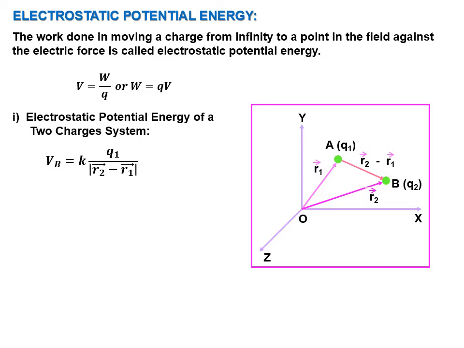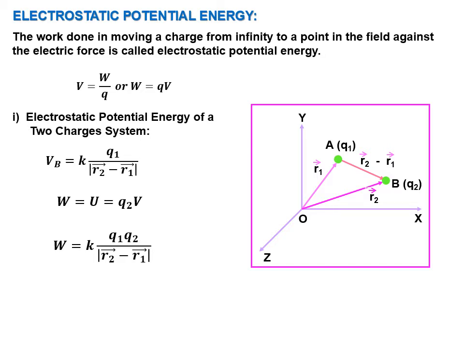It will be Q into V. So the work done, which is the measure of potential energy, becomes Q2 into V, because the potential is due to Q1 and Q2 is placed at that point. When we substitute the value of V, the potential energy, or work done, is K Q1 Q2 upon the magnitude of the vector R2 minus R1.